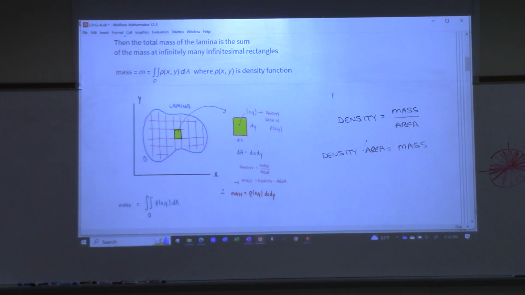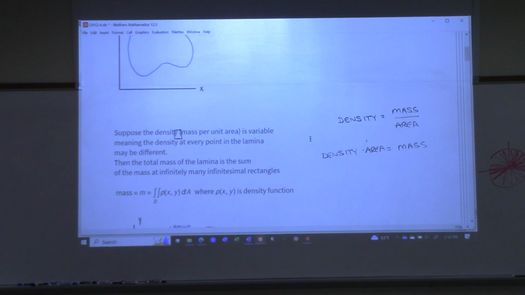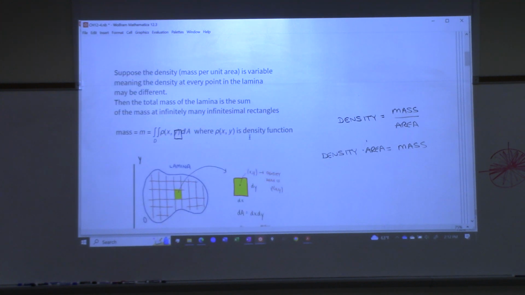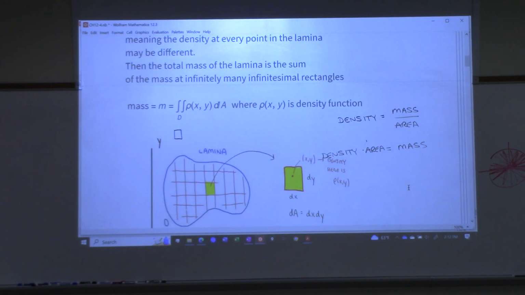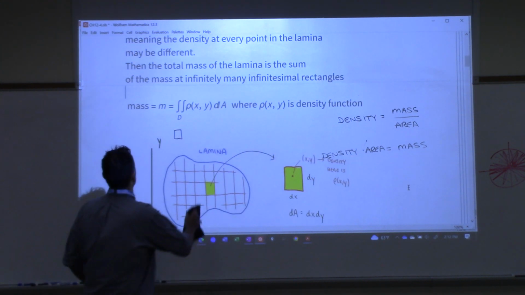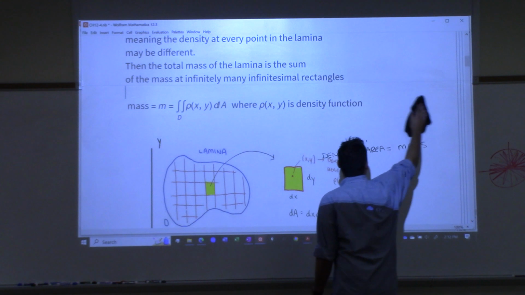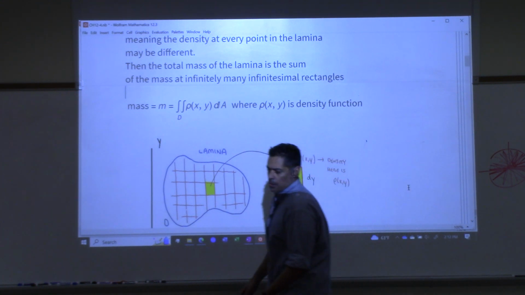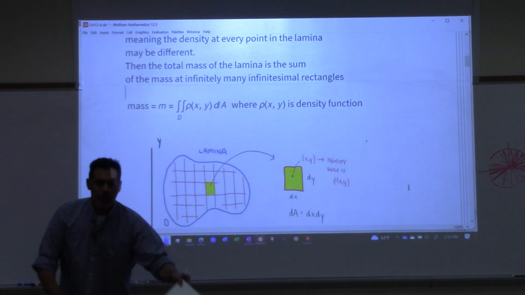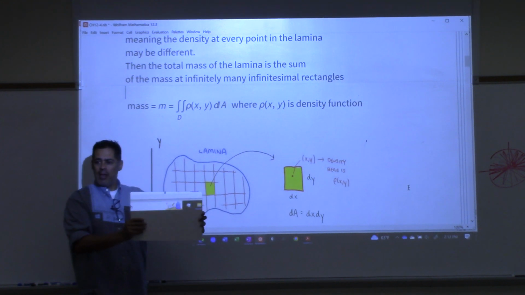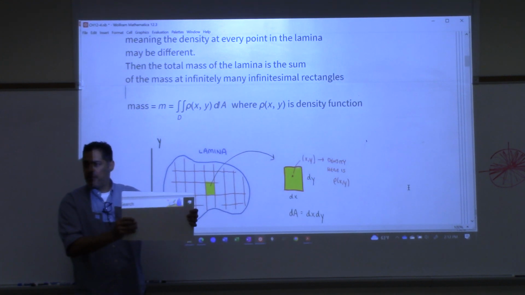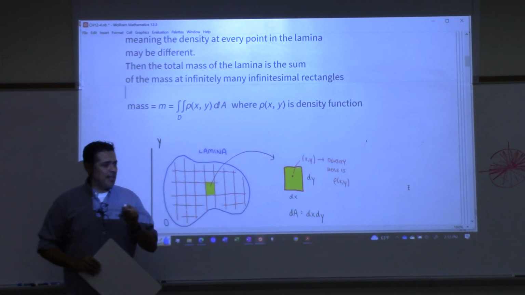So going back here, I give you a lamina, okay? I give you the lamina, I give you the region, whatever the shape of it is, and then I give you the density function.